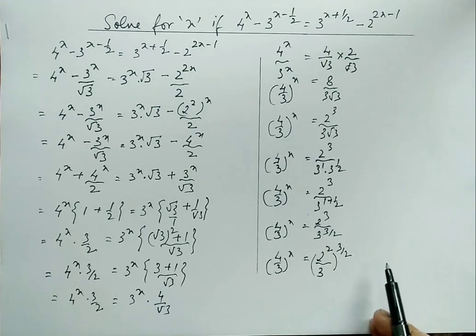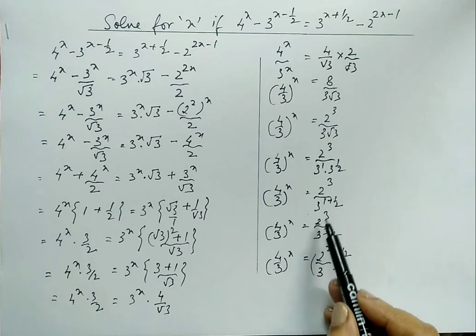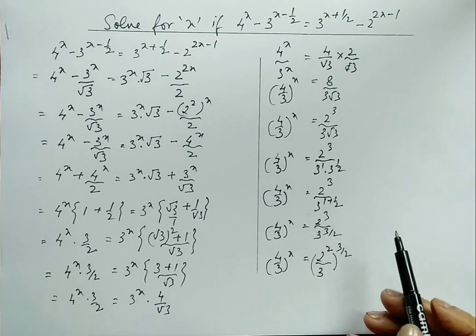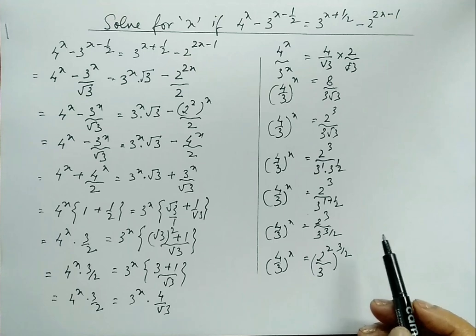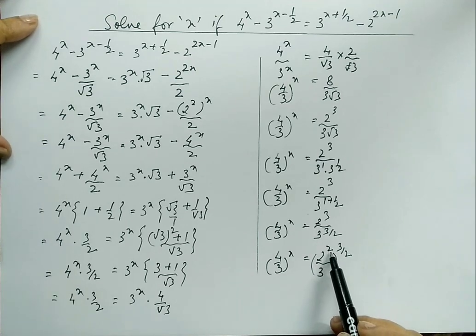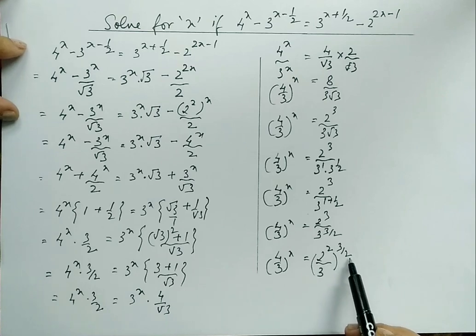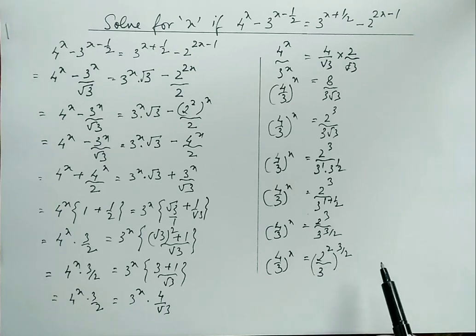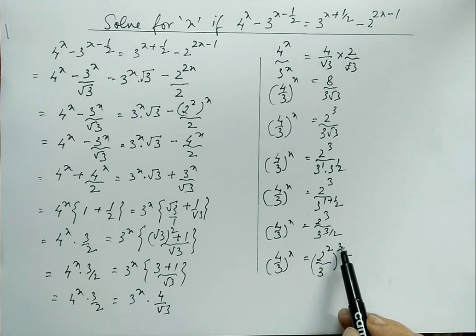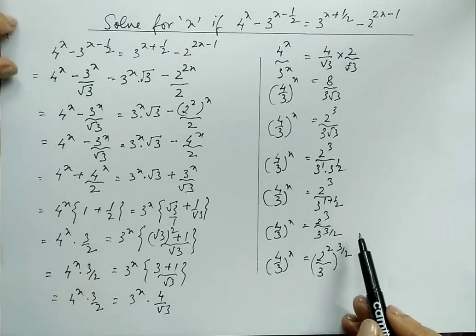Now, what does this signify? Because ultimately we needed a cube of 2. Since we kept 2 square here, that meant that we needed to put another 2 here as a denominator so that this and this gets cancelled and 3 should be there as it was earlier.